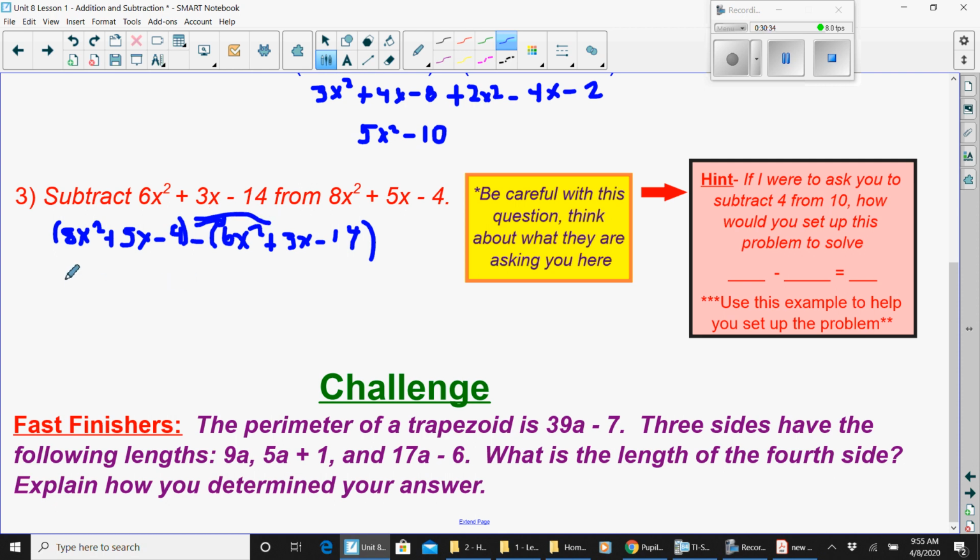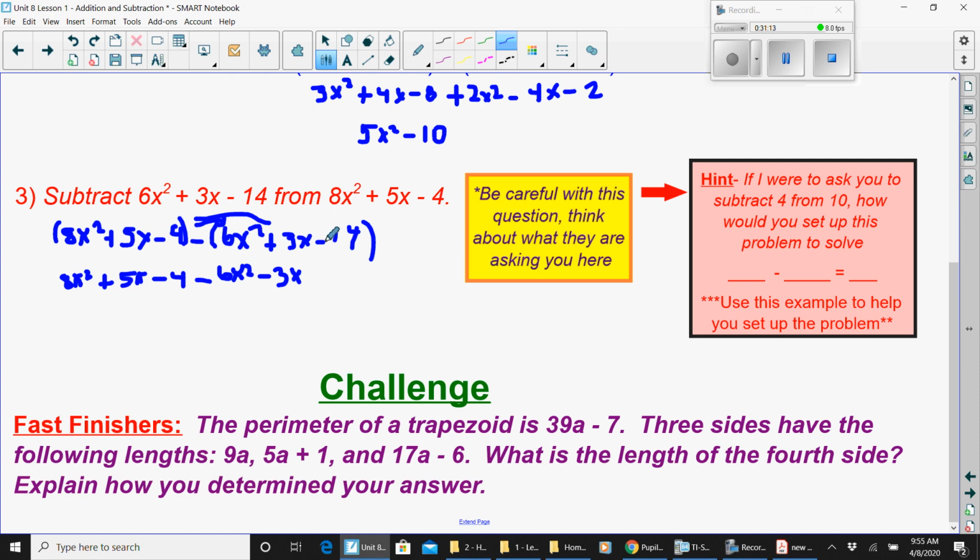All right, so I'm just going to rewrite 8x to the second, and then the plus 5x, and then the minus 4. And it's negative times a positive, so that's negative 6x squared. It's important. And then it's negative times another positive, and that's negative 3x.